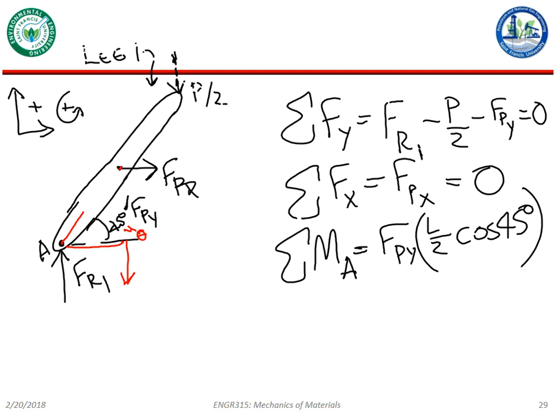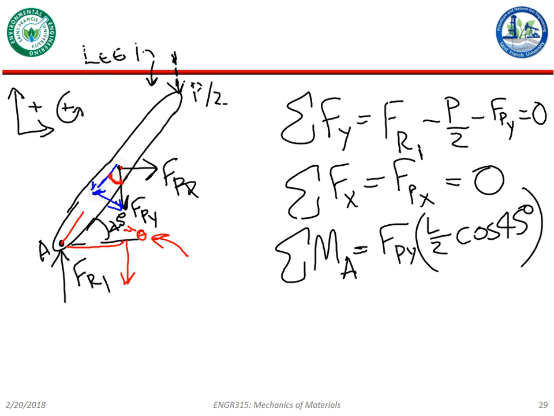if I did that trick, or if I just decomposed FPY here, so I try to find these two vectors, the angle here, if theta was 90 degrees, this angle would be 0.